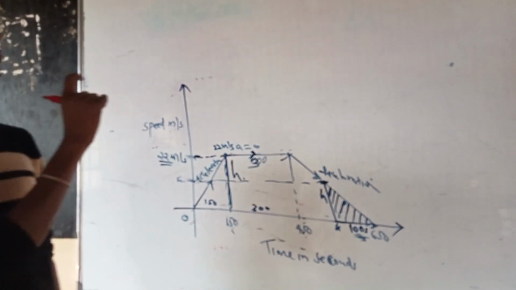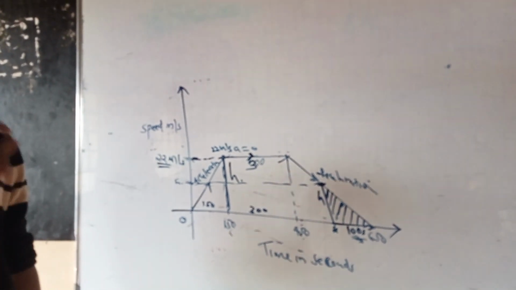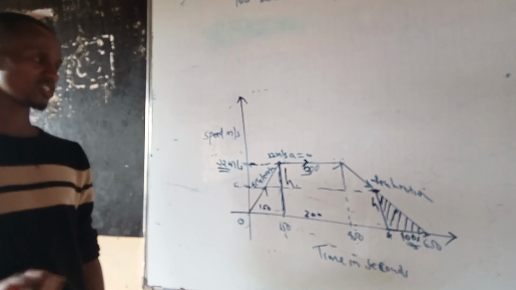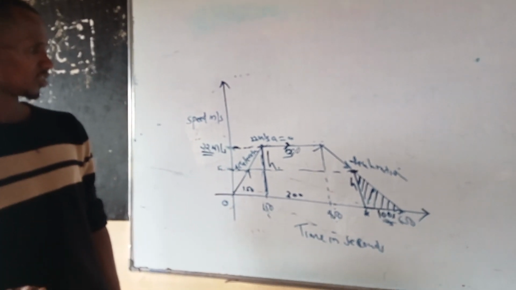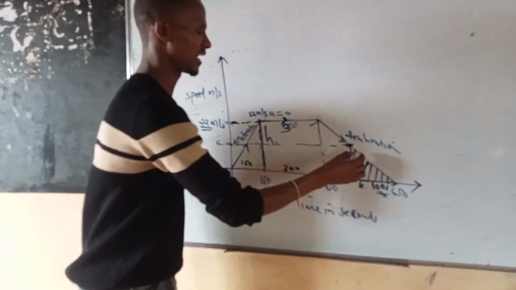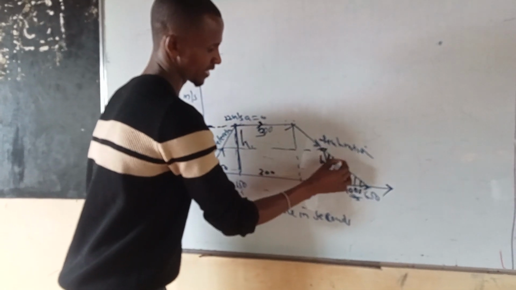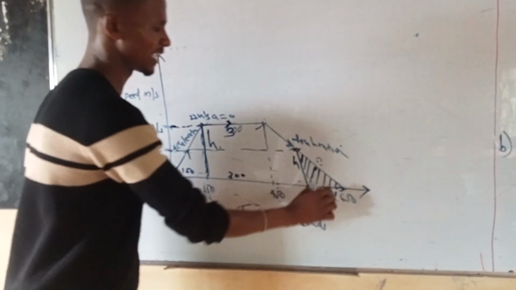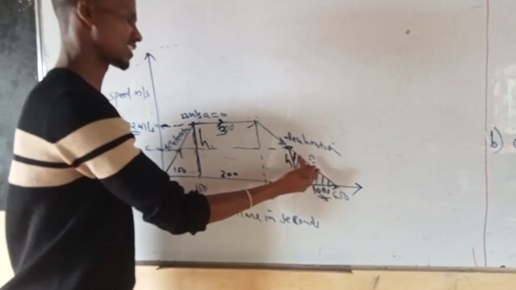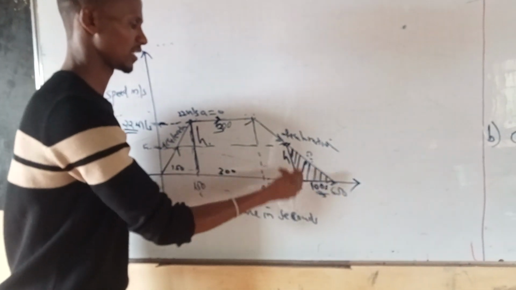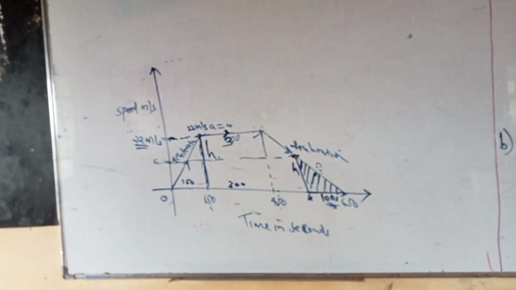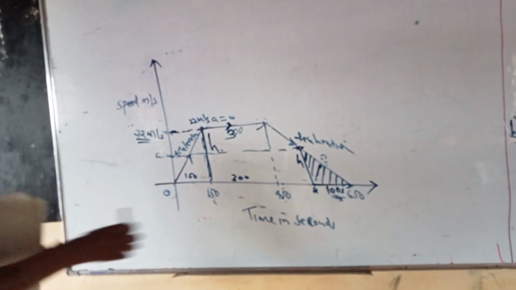In this topic, gradient is represented by acceleration or deceleration. So we can get the acceleration or deceleration, which is uniform for the entire line, and then use it to calculate the area under this part of the graph.